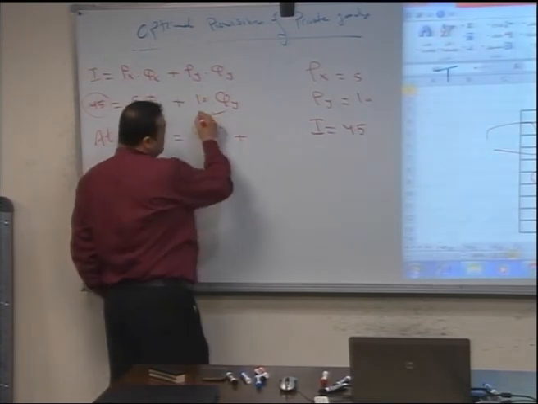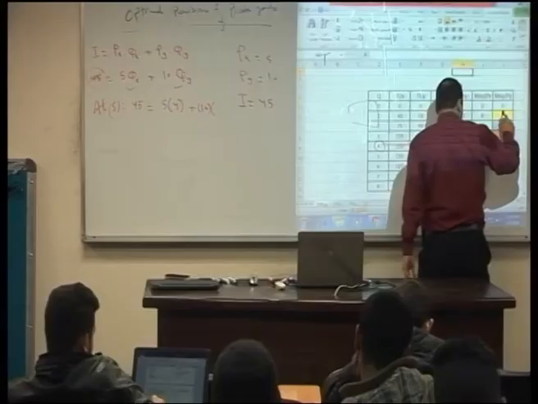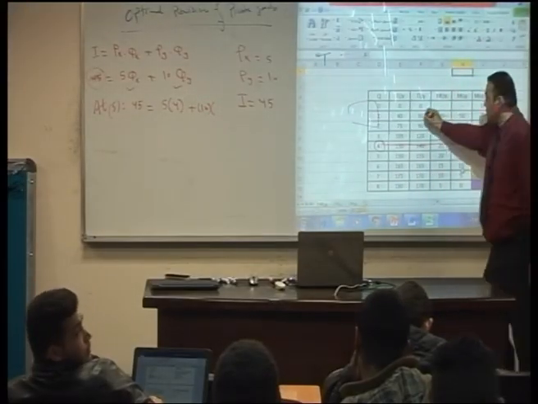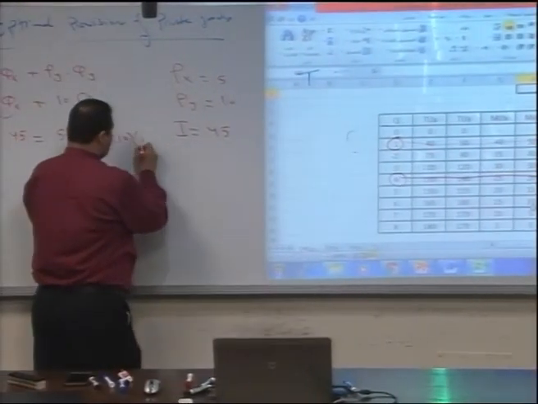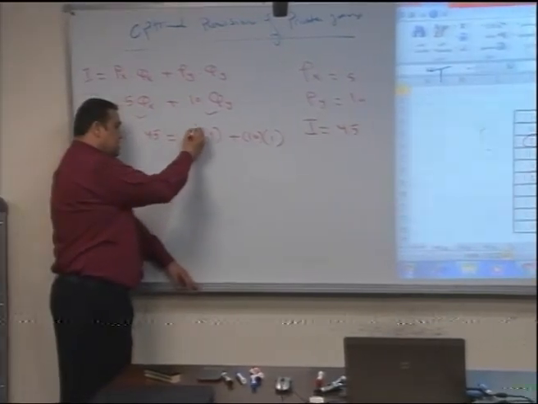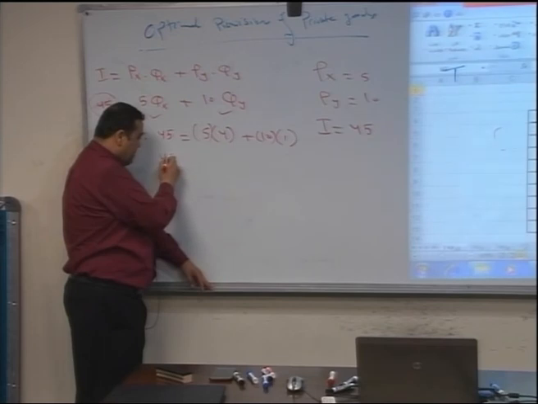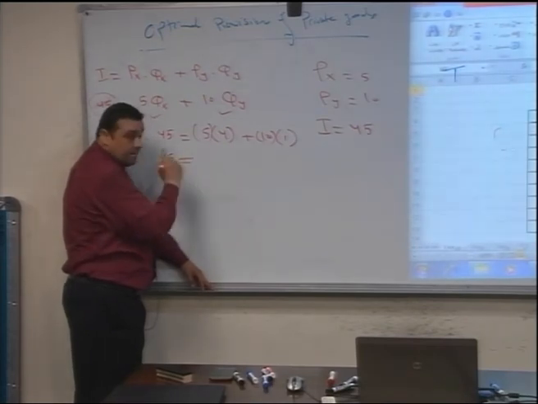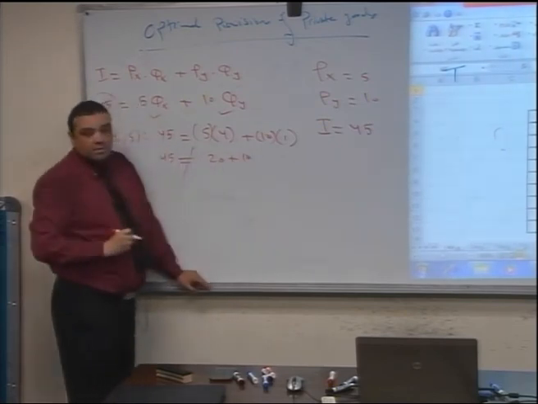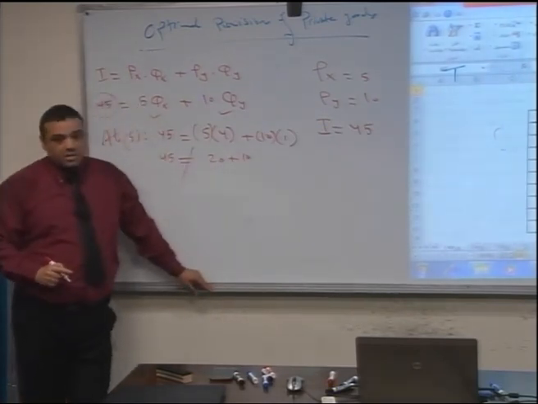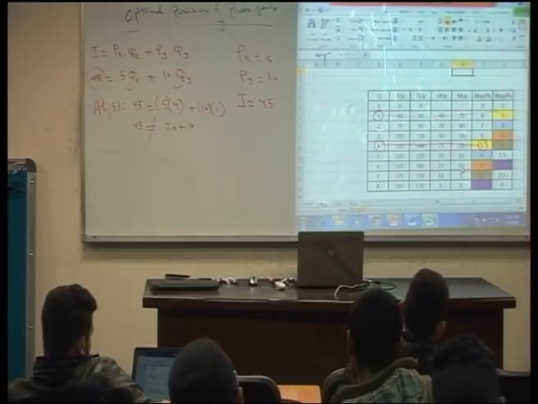Plus 10 times the quantity of Y here at 5, 1. Does this side equal this side? 45 must equal 20 plus 10, it doesn't equal. So we have to check another case.